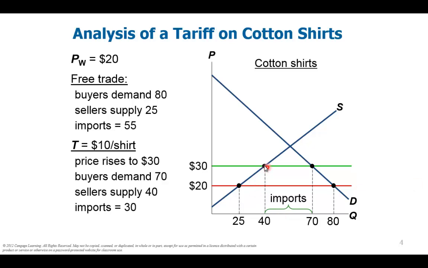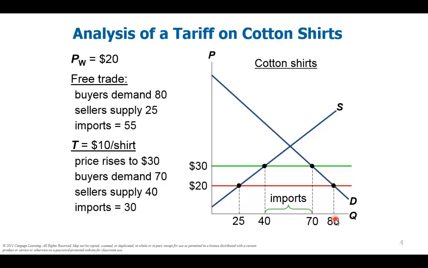Here we go. At $30, producers want to supply 40. Consumers will demand 70. And since we have a shortage, we need to make up that shortage by importing more t-shirts. At $20, producers want to produce 25.